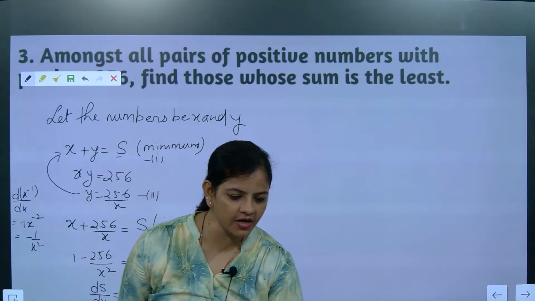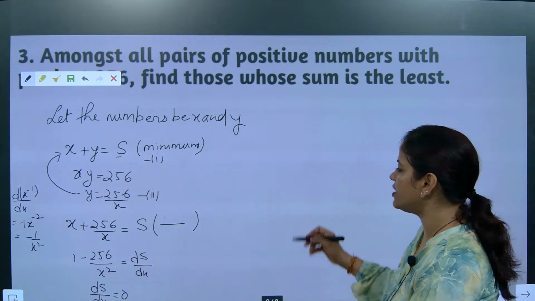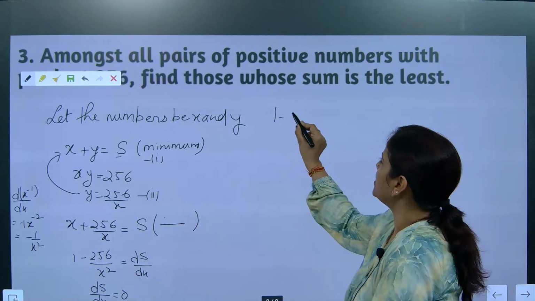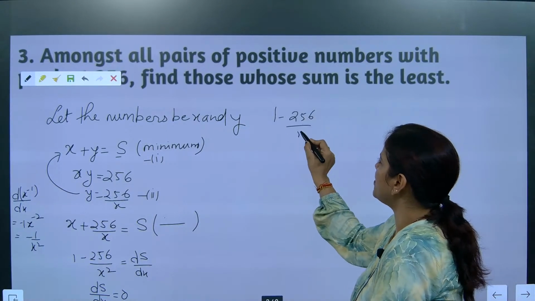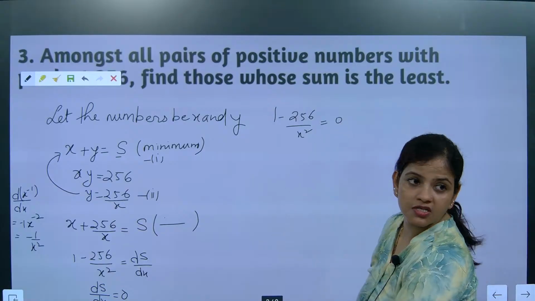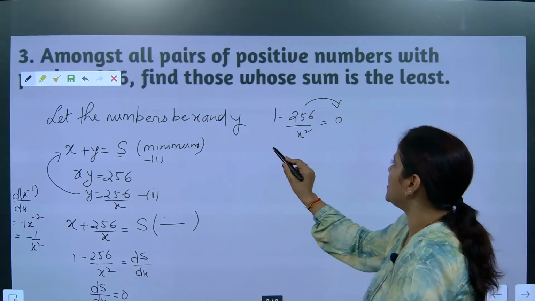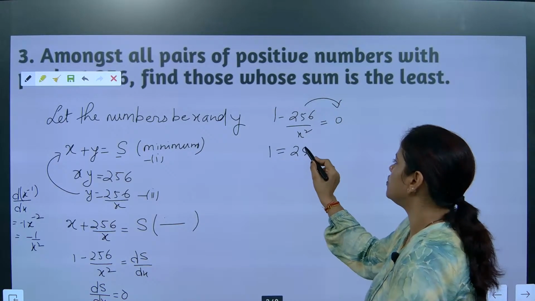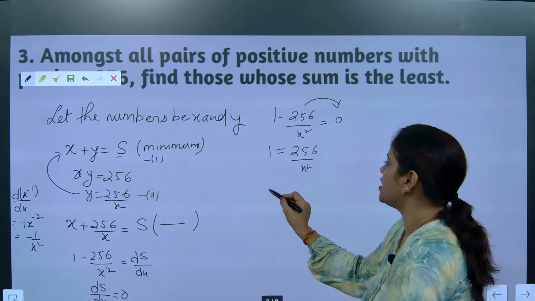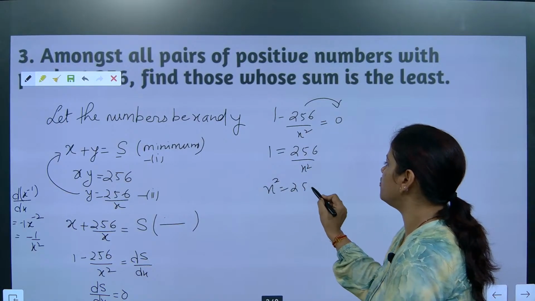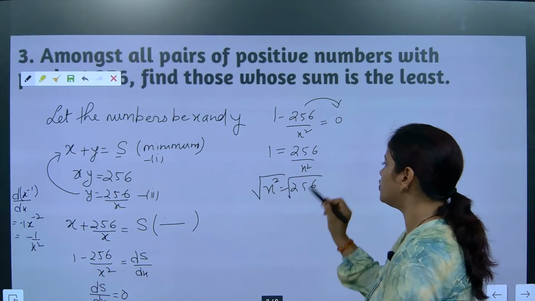Unnati, good evening, beta. So 1 minus 256 by x square equal to 0. Shift this one this side. So 1 equal to 256 by x square, so x square is equal to 256. Take root on both sides, beta.